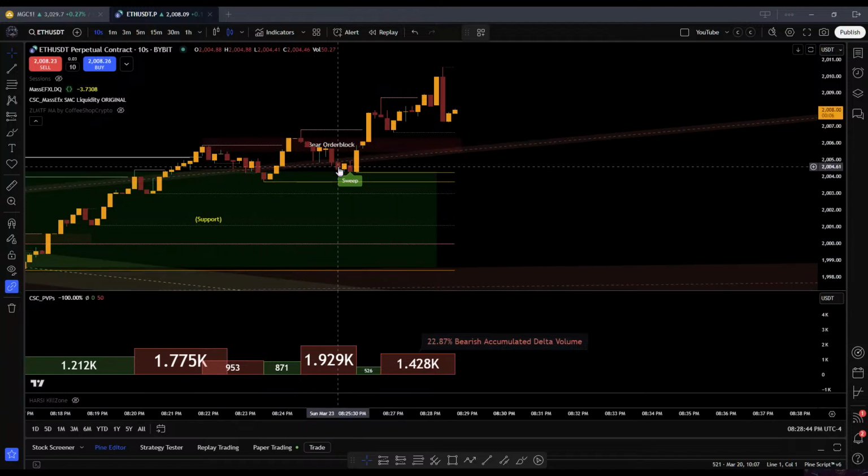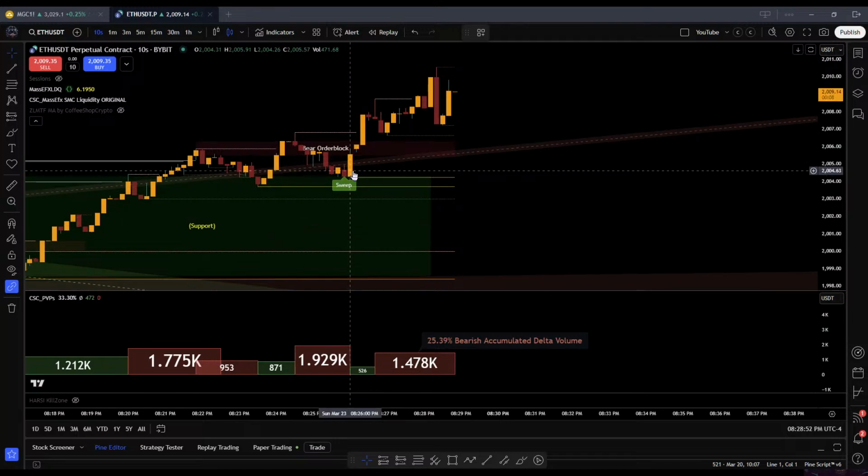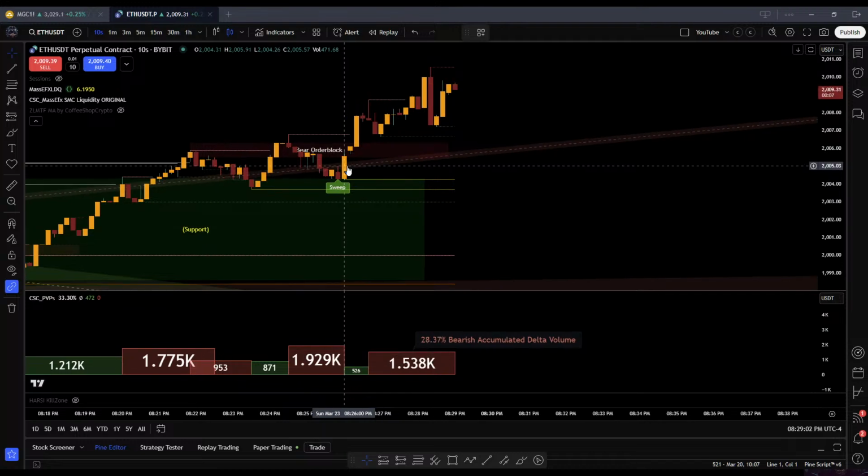So that means the pullback at this point is over. It's over. You can just start looking for positive moves. And that's when the delta switches back to the other side. So at this point, the delta becomes 33. So you are in a discount for buyers on this candle. And that's right where the new trend starts.